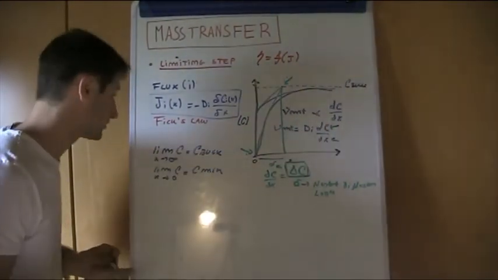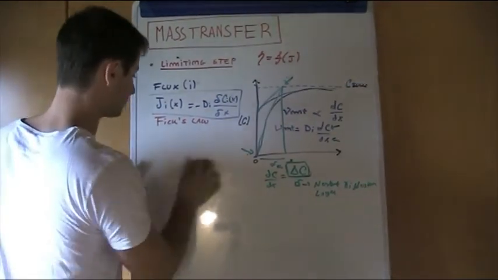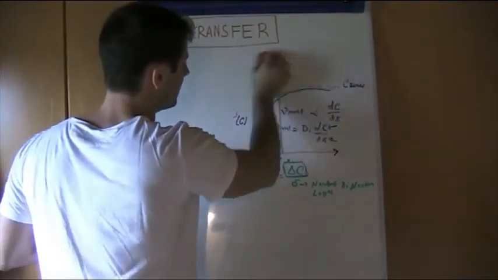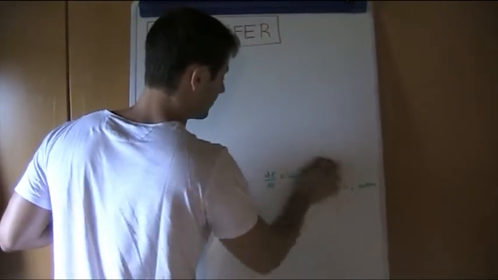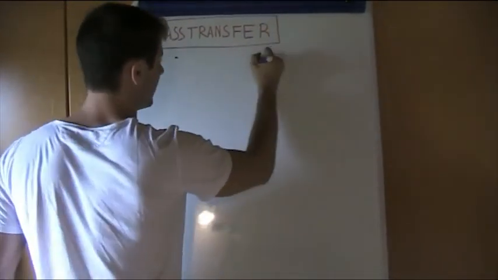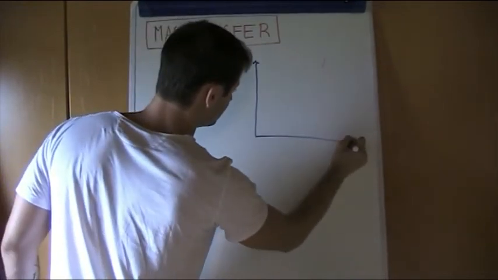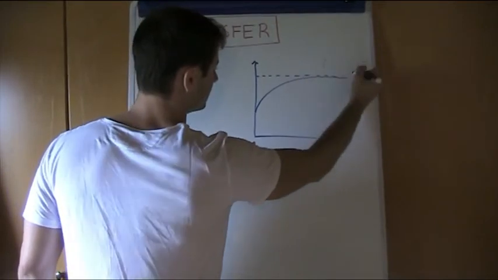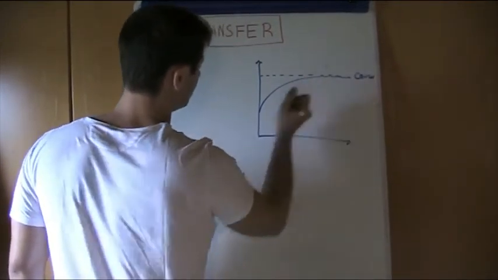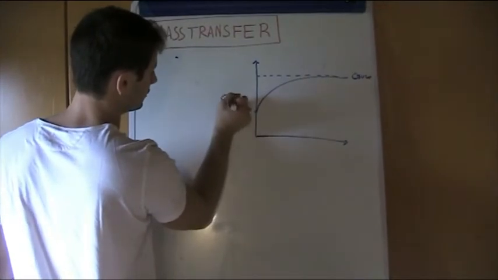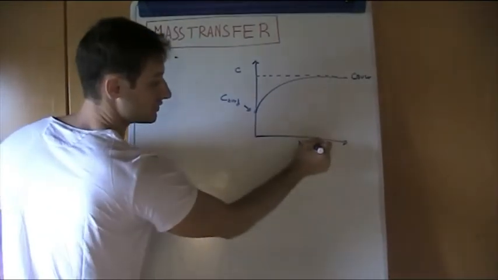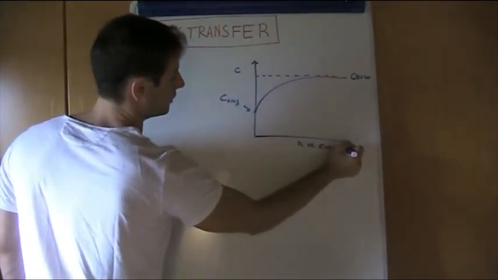In which way? So let me cancel. Let's consider one generic concentration profile. So we have the migration of one species from the bulk to the surface. This is the bulk concentration. This is the surface concentration, in this concentration versus distance from electrode plot.